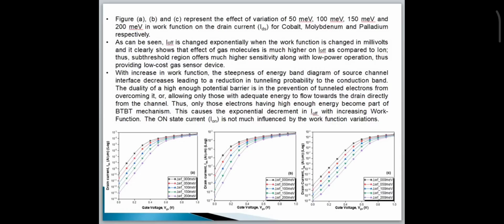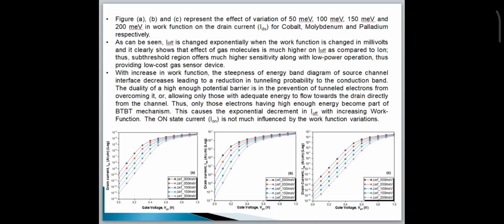As can be seen in the figure, the I-off current changes exponentially when the work function is changed in milli electron volts, and it clearly shows that the effect of the gas molecule is much higher on I-off as compared to I-on. Thus, the subthreshold region offers much higher sensitivity along with low power operation, thus providing a low cost gas sensor device.